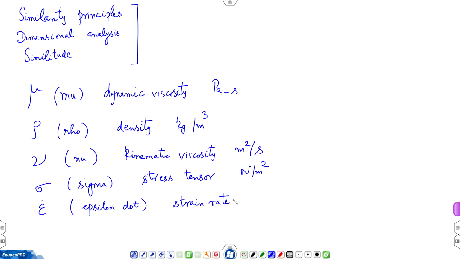What are the units of strain? It is a change in length per unit length. So, no units, and if you put a dot, it becomes second inverse. So, these are symbols we will use a little more often than in the past.